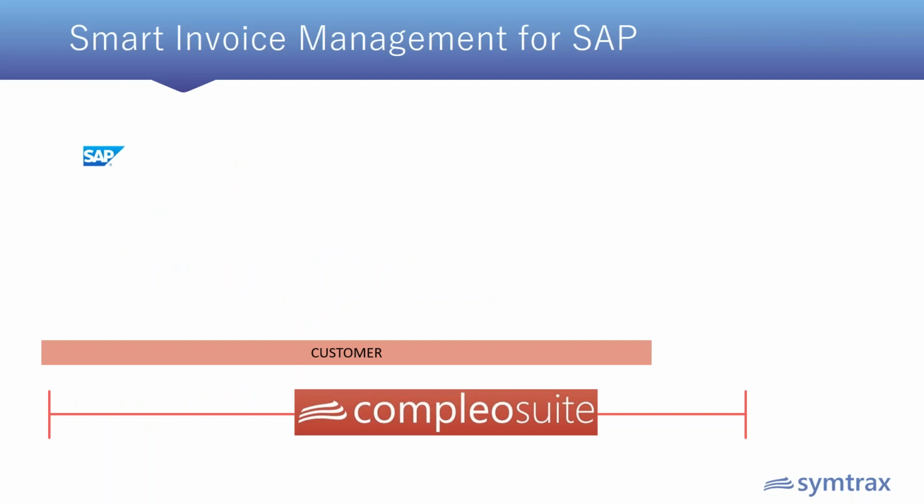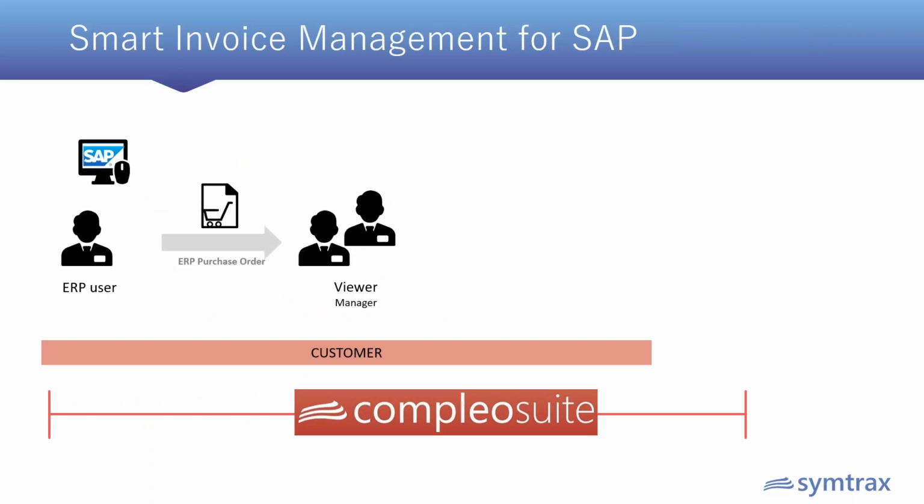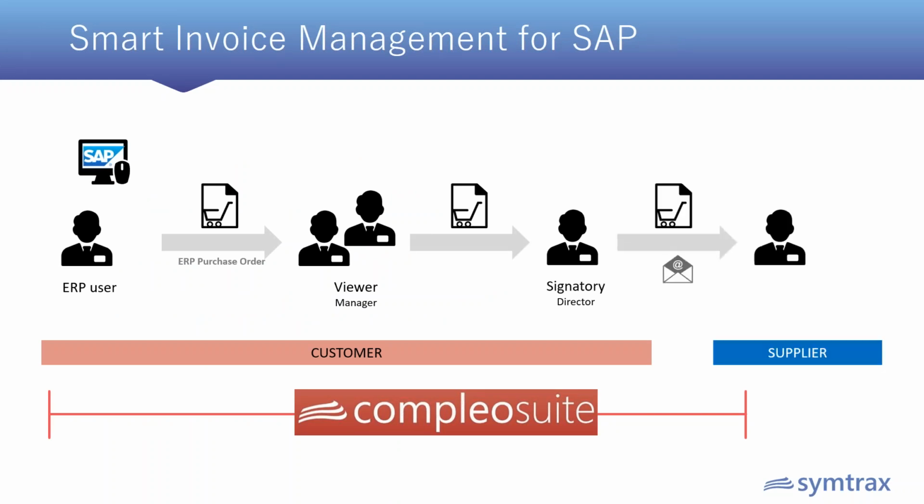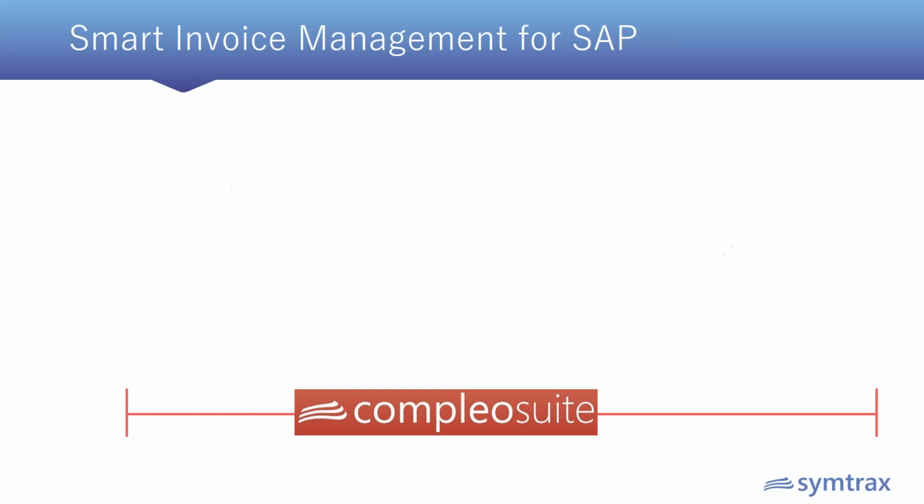So the specific example I'll go through is an ERP user who needs to create a purchase order for a supplier, and that in turn needs to be reviewed internally and then signed by a director signatory, and then onto the supplier to fulfill the order.